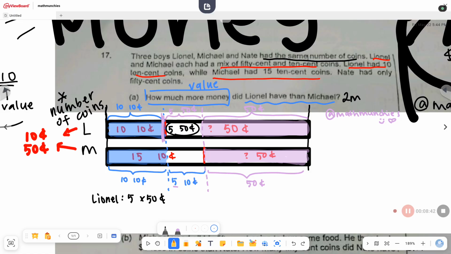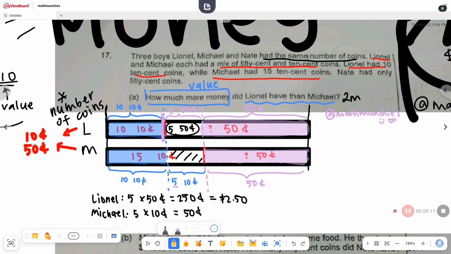And how much would that value be? Let's do it in cents first. 250 cents, which is equal to $2.50. Yes. Then what about for Michael? 5 times 10. In this zone here, it is 5 times 10 cents, which is 50 cents.